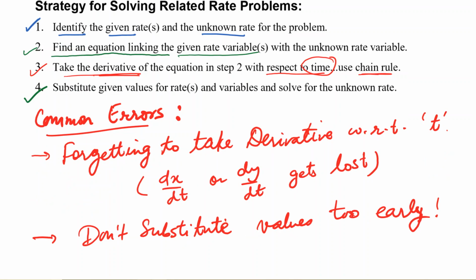Another mistake is that people tend to substitute the values too early. So do not substitute the values too early. Wait until you get your final related rate equation. Only then you substitute the values. This will result in no errors. So as long as you follow all these four magic steps carefully, you will be able to ace any related rate problems. I hope that makes sense.